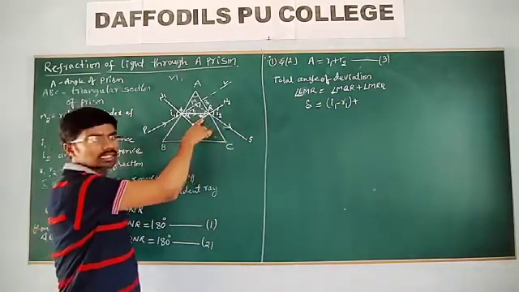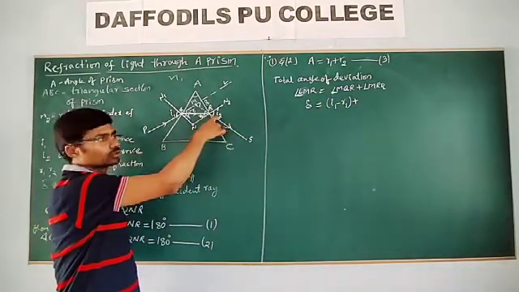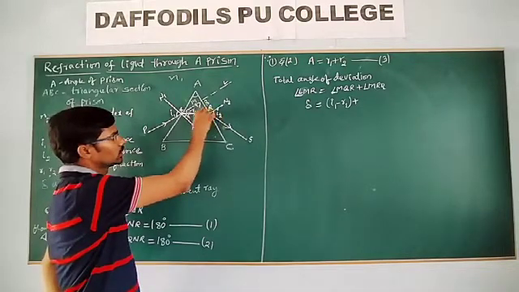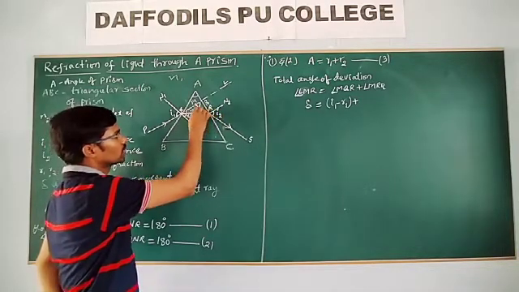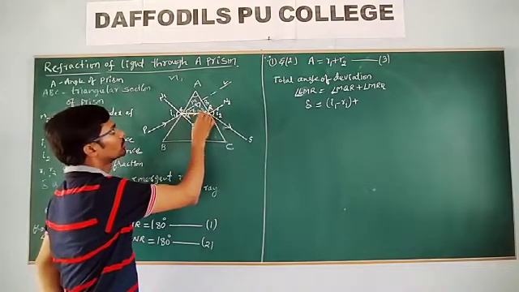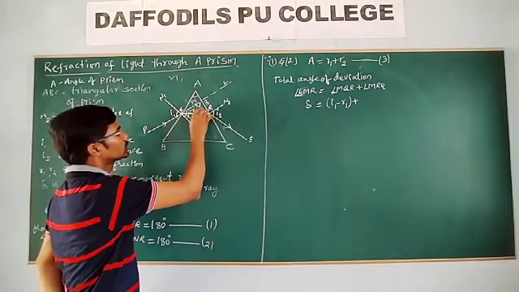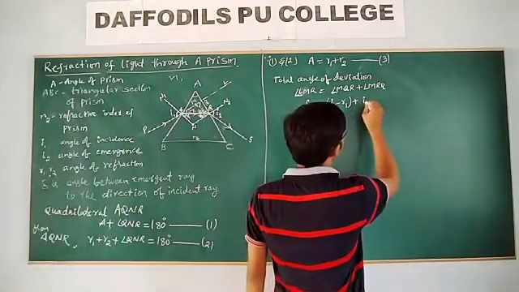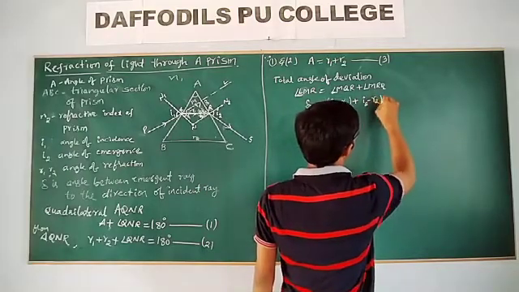Similarly, this is R2 and this is I2, the angle of emergence, so this is I2 minus R2.